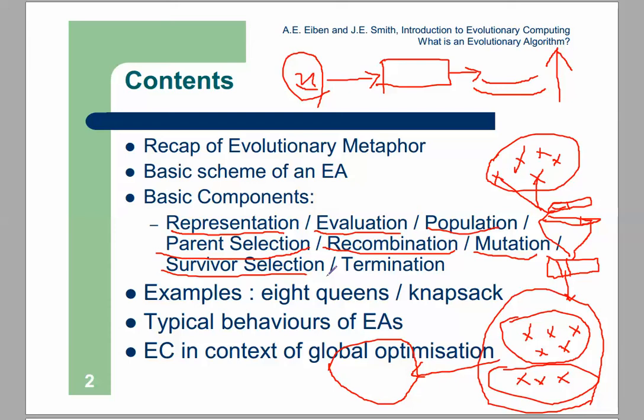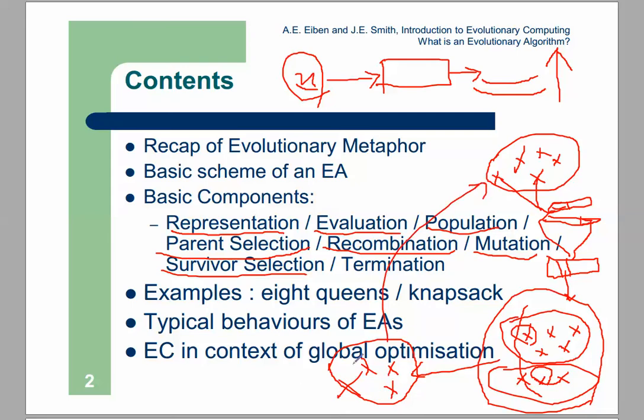Survival selection is like some old people die and young people survive and continue their life. Sometimes we select some good parents or children for the next generation. It is the population of the next generation.